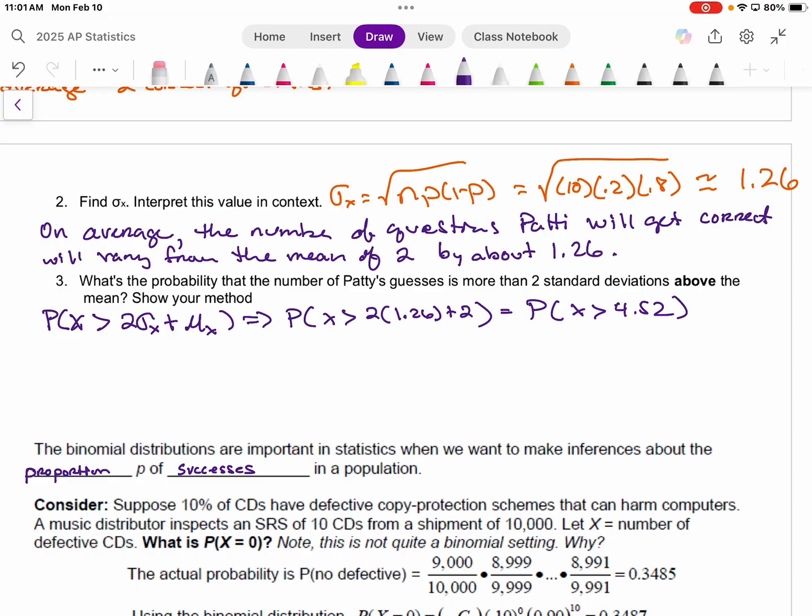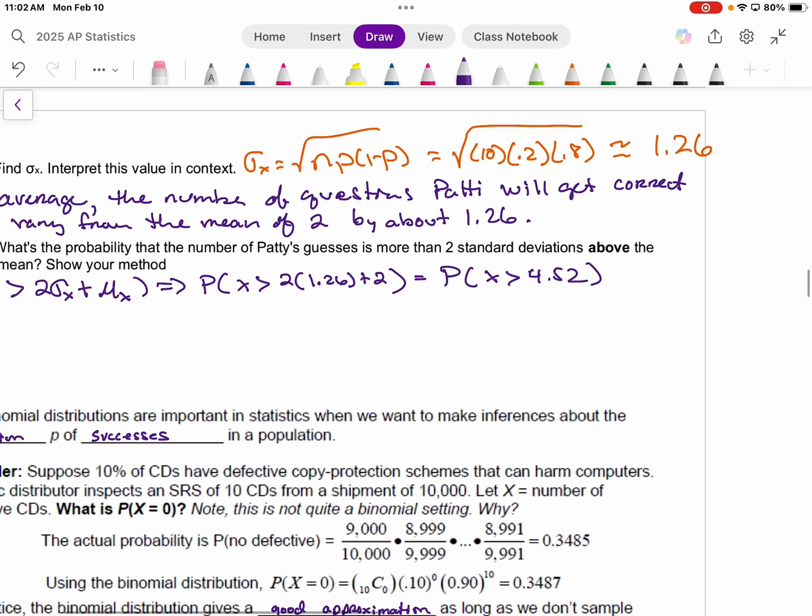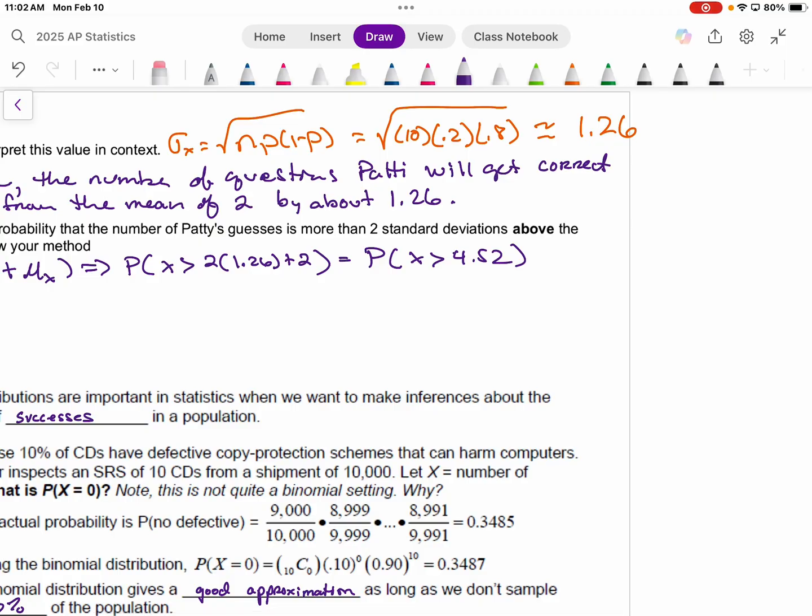As we write our statement, since we can't do a partial question correct, we can change this to P of x is greater than or equal to 5, or P of x is greater than 4.